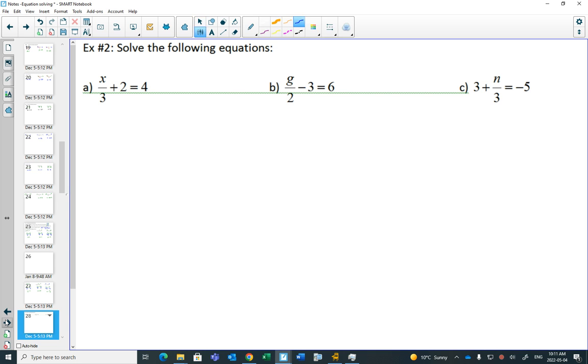All right, I'll put the answers for these 3 up, see how you did. We have like terms, and the opposite of dividing is multiplying.